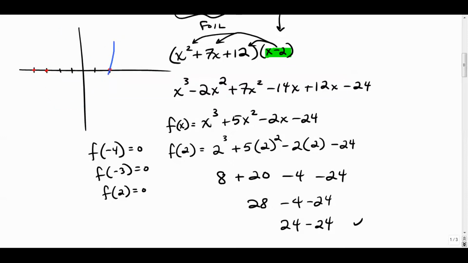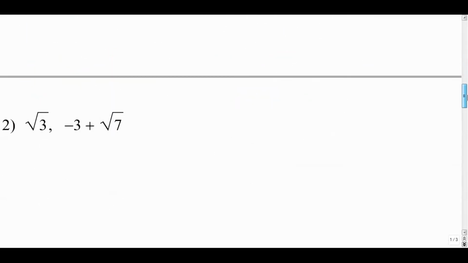A little tricky to draw, but something like that. You can confirm that with your graphing calculators. It's not going to be perfect, because I'm not sure exactly what the maxes and mins, the extrema, are, but that's the general shape of this thing. Cool. Moving on. That was the easy one.